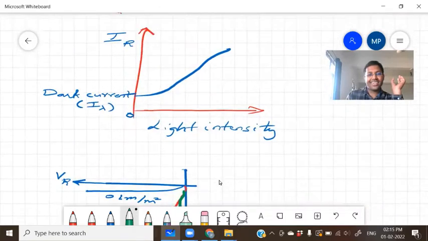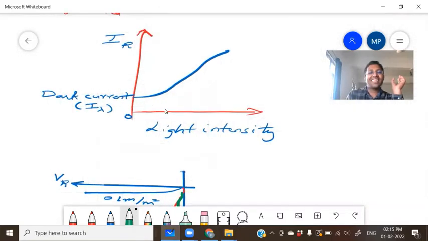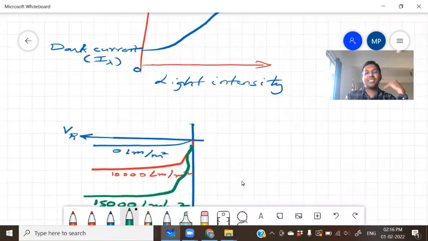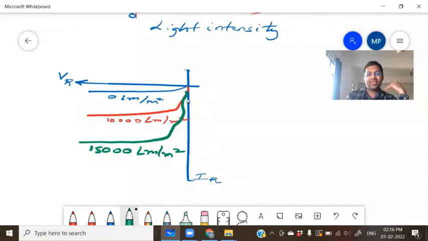Now, according to this graph, when we increase the light intensity, the current increases. For example, if you give 10,000 lumen per meter square, the graph follows this path. Further, if you increase the light intensity, the graph shifts downward.